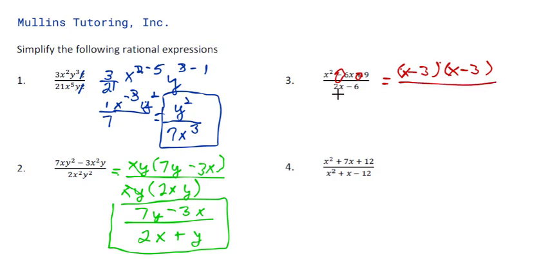In the denominator, we have 2x minus 6. 2 is a factor of both 2 and 6, so 2 is going to come out. And we would be left with x minus 3. So x minus 3 and x minus 3 go in one time. So I'm just left with x minus 3 over 2. And that's our final answer.